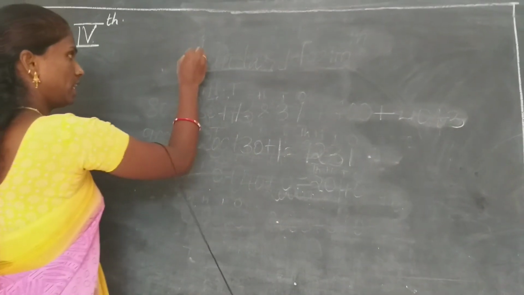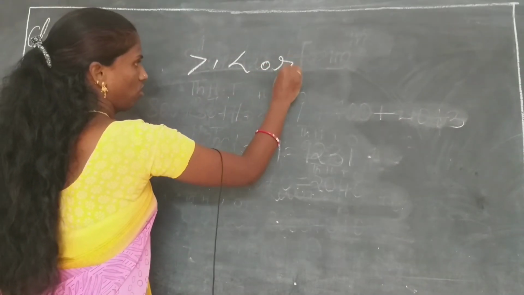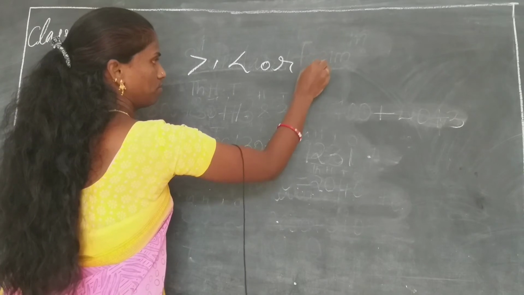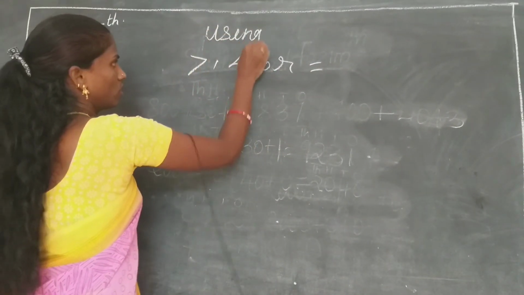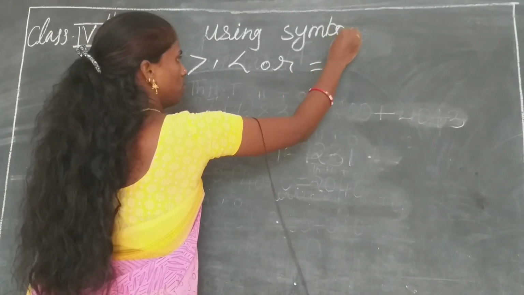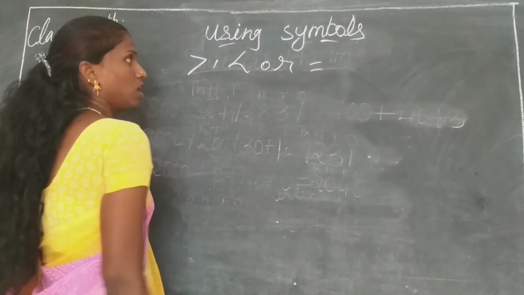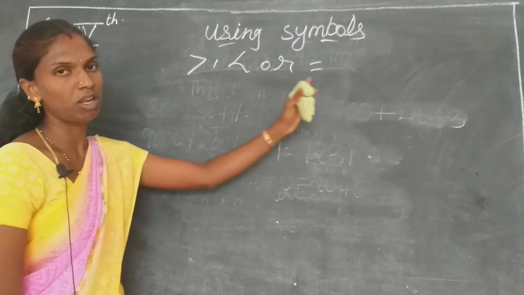Now we will see another number, that is greater or lesser or equal to, using the symbols. So using the symbols, how to put greater, smaller or equal to.